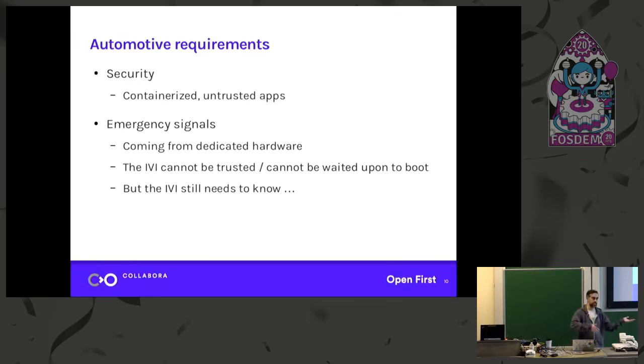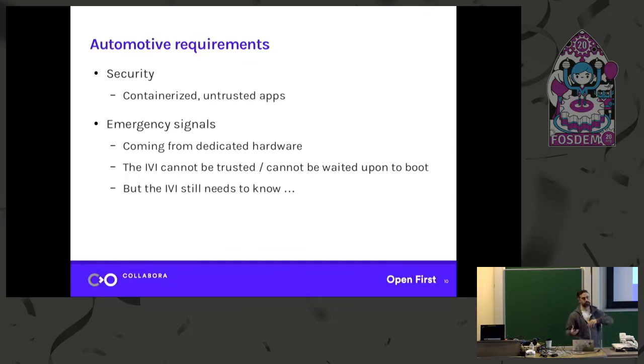And then you have emergency signals when there's something wrong with your car that needs to play some sound to warn the driver. That's also something that needs to be treated specially. It's usually coming from dedicated hardware that has to be certified, and it won't send data through the main CPU again. It will just play directly on the DSP, and there is a path there that is guaranteed to work because it's certified.